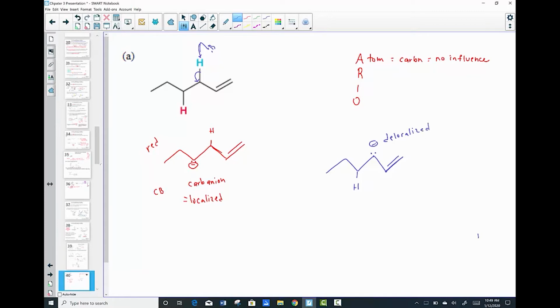So the resonance structure that can set up, these electrons can move to form a double bond. These electrons can place the terminal carbon as the extra electrons. And so what happened? 1, 2, 3, 4, 5, 6. 1, 2, 3, 4, 5, 6. There we go. The original double bond, right?